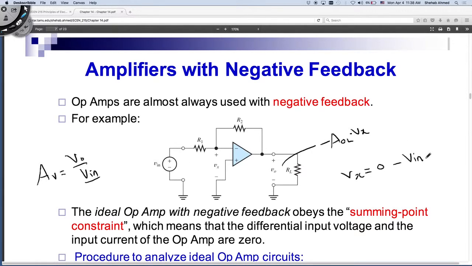So Vx is equal to minus V input. If I find a way to decrease V input, minus something, what did I do?